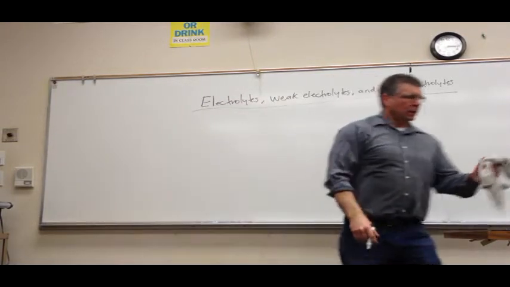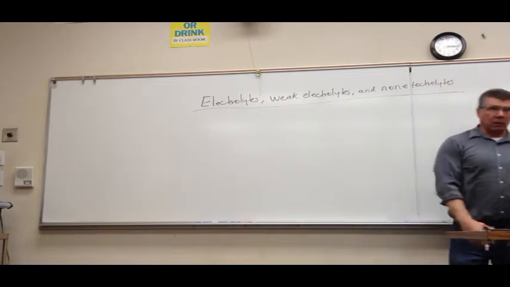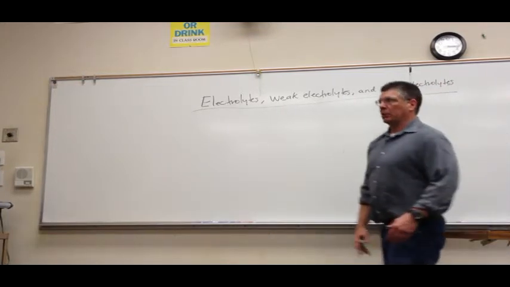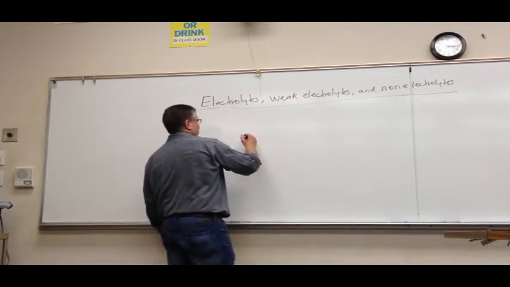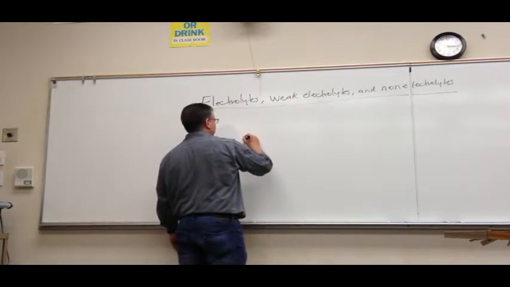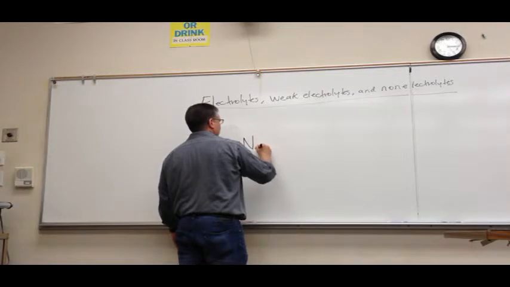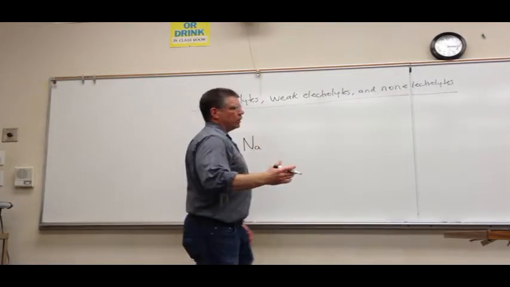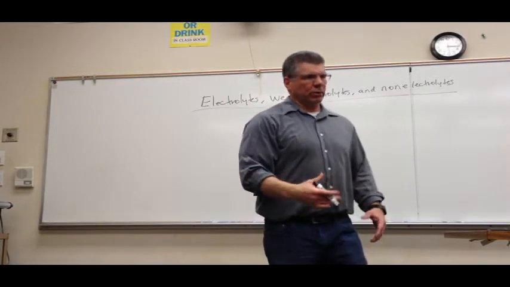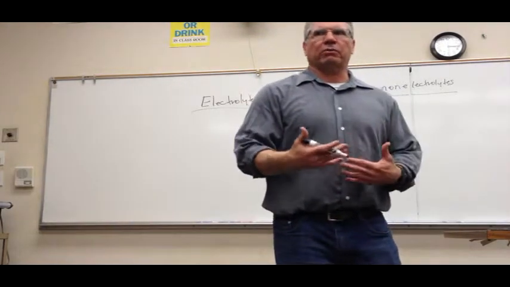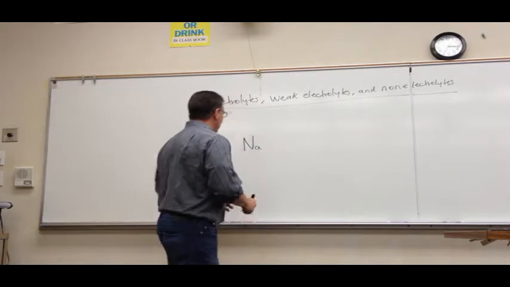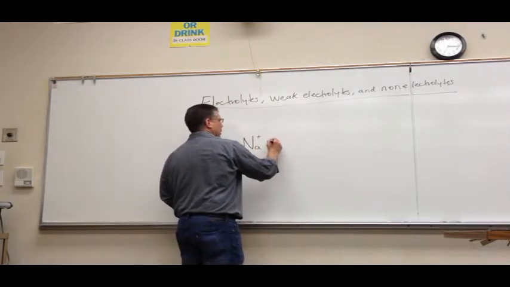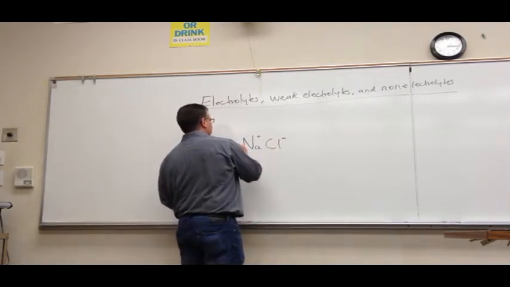We take an ionic compound that's soluble, like sodium nitrate, sodium chloride. Chapter 15 will talk more about the crystalline structure of sodium chloride, but for now, it's sufficient to think of it as alternating sodium ions and chloride ions in 3 dimensions.